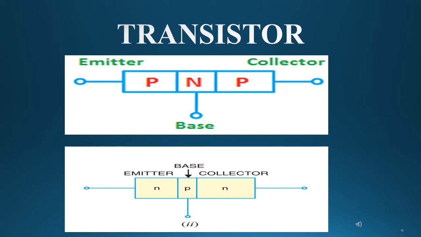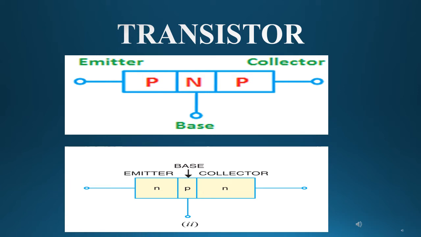So, transistor is a device in which one semiconductor is sandwiched from both sides by different types of semiconductors. If we have one n-type semiconductor, then we have two p-type, so n-type is sandwiched between two same p-type semiconductors.